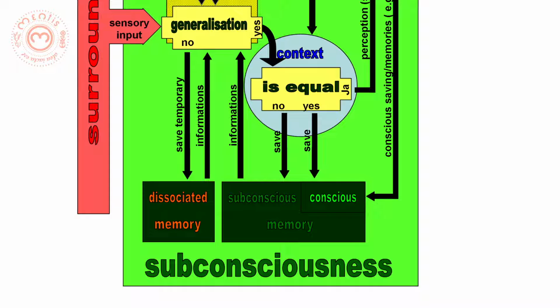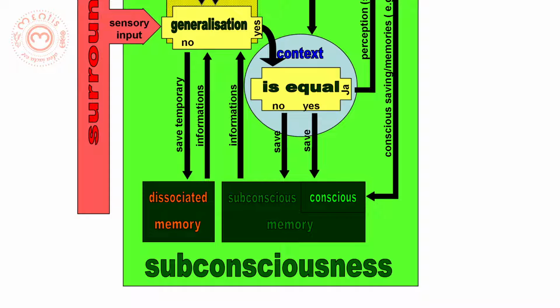The information stored here cannot reasonably be built into the network of your personality. Nevertheless, attempts are constantly being made to transfer this information from the dissociated memory into the normal associated one, to find a generalization, to finally understand it, which of course consumes a lot of energy and resources.